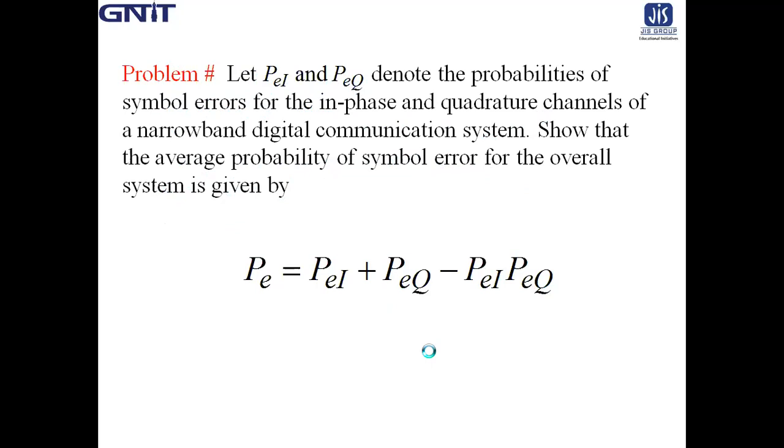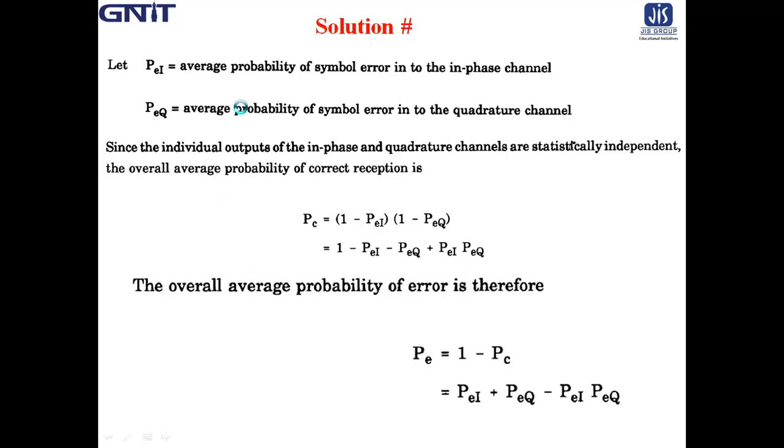So how to prove this? See the solution. Let PeI be the average probability of symbol error in the in-phase channel, and PeQ the average probability of symbol error for the quadrature channel. Now first we have to find out the correct decision of both in-phase and quadrature channels and their individual outputs.